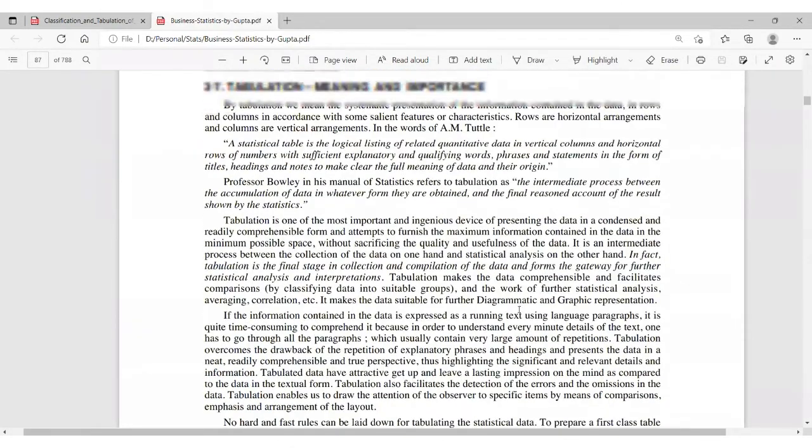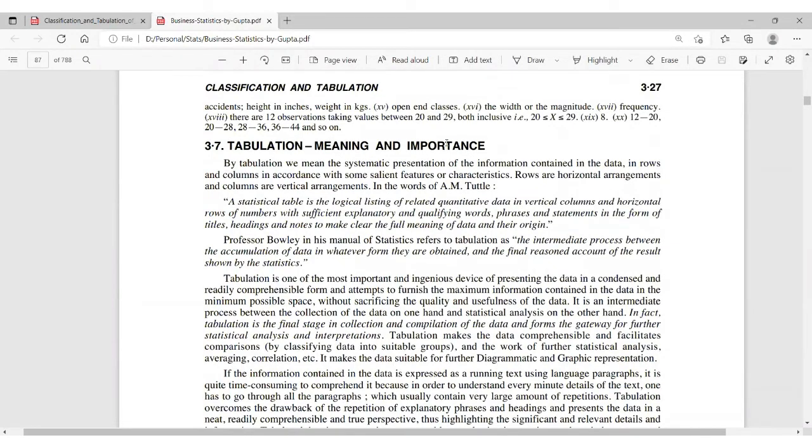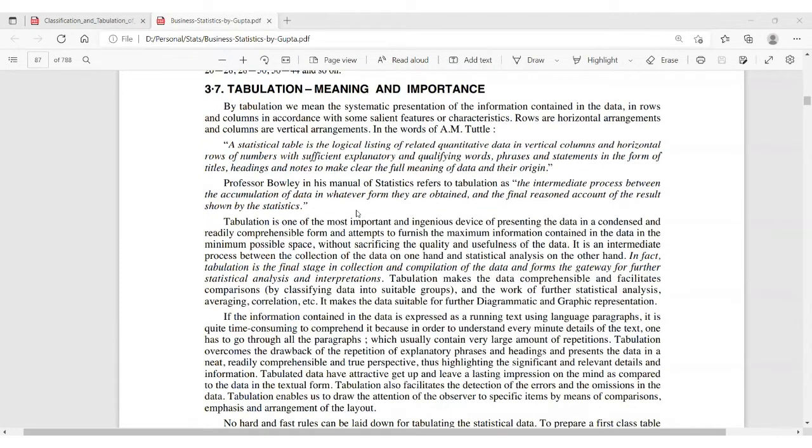Now, the second one is tabulation. Tabulation is a table, right?